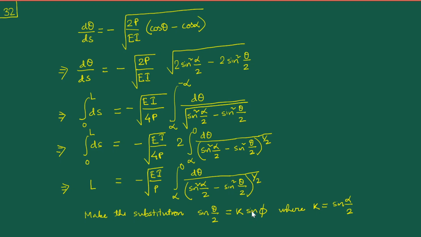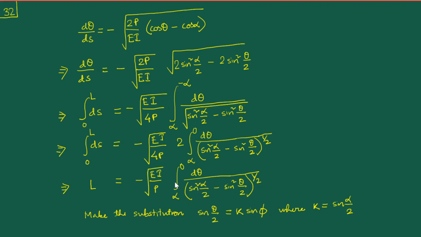One motivation you can pick out here is that if we write it like this and substitute it here, then this term is going to give us sine square alpha by 2, which is quite common with this, then multiplied by sine square phi. So it helps us to take out this sine square alpha by 2 as common.